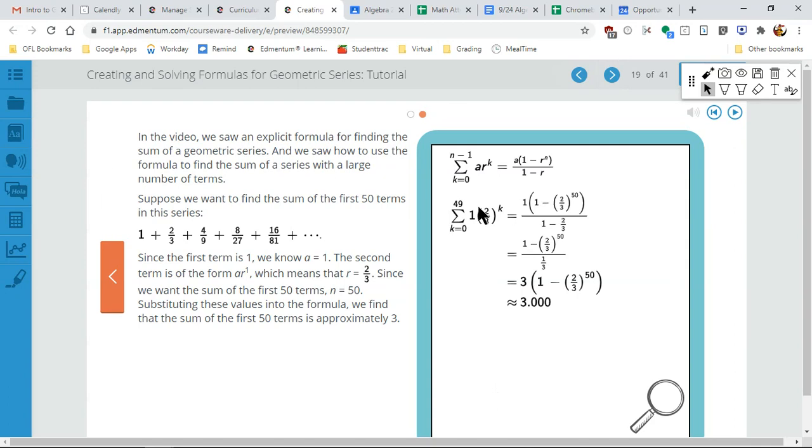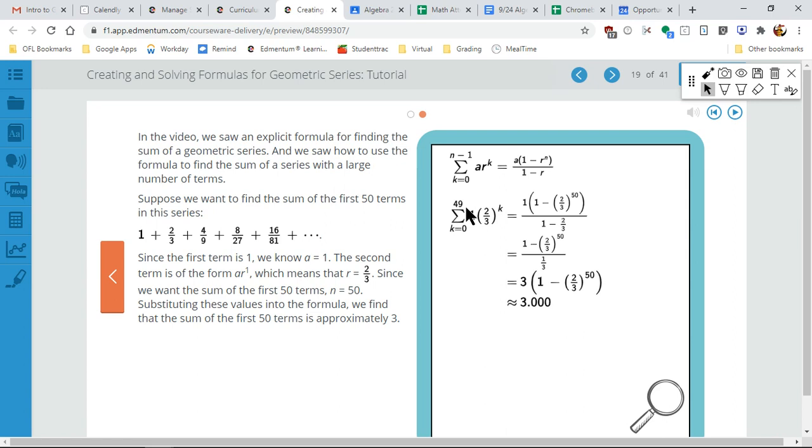So the idea of this geometric sum, I know it's intimidating, but just remember, all it is, this weird, complicated thing, is just this formula. What we start off with, the thing that we're multiplying by every single time. So in this case, it's 2/3 that we're multiplying by every single time. And then n, how many terms there are.